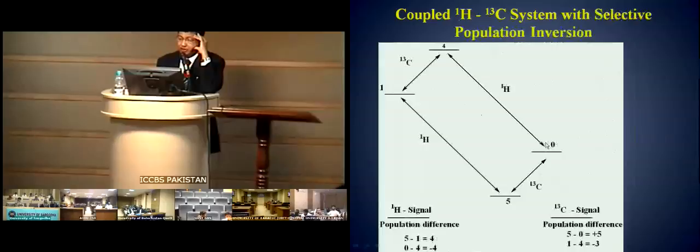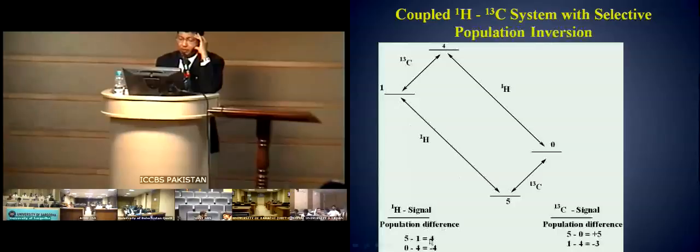Now this population is 0 and this population is 4. If you now want to calculate the intensity of a carbon signal and the intensity of a proton signal, you come up with a different number.